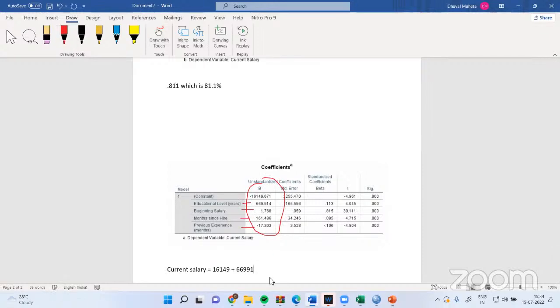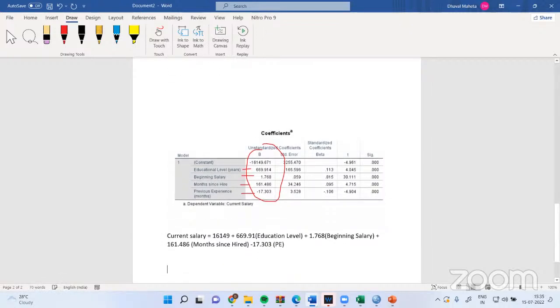Plus 669 into education level, plus 1.768 into beginning salary, plus 161.486 into months since hired, minus 17.303 into previous experience, right? The equation is formed.